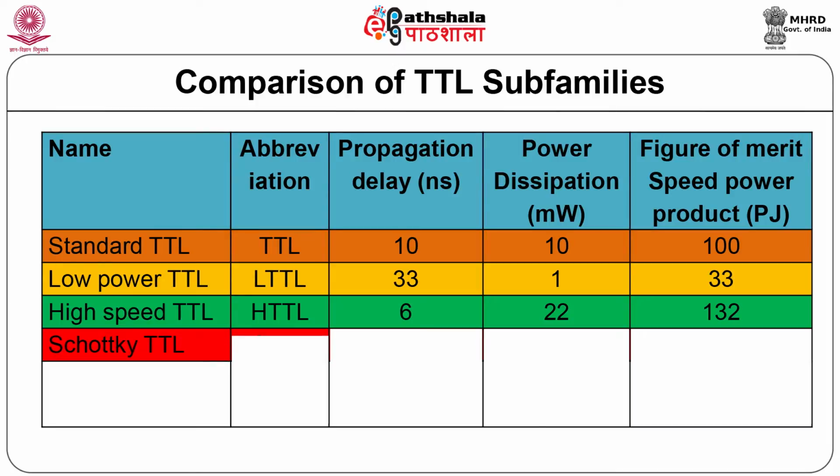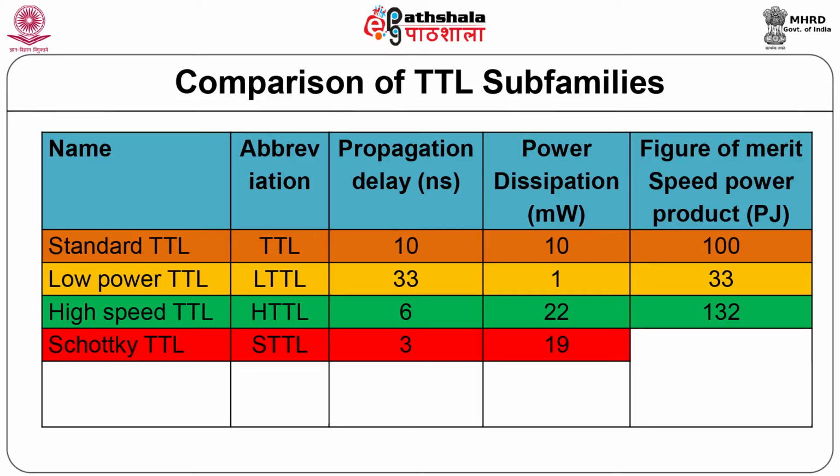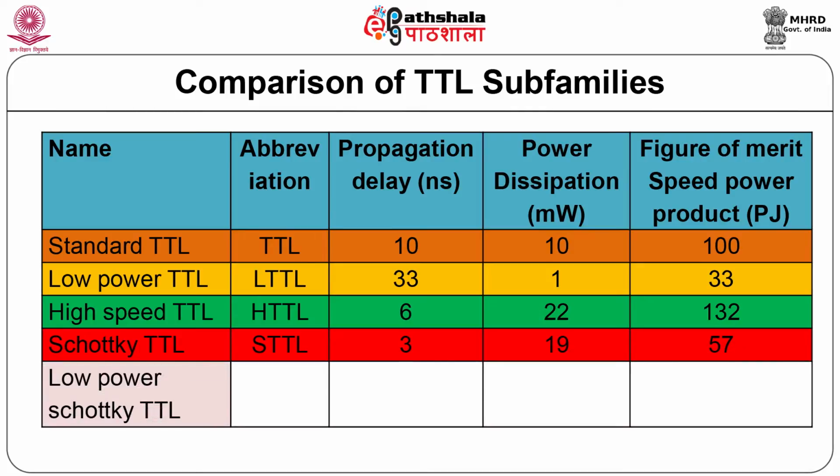Schottky TTL, STTL, propagation delay 3 nanoseconds, power dissipation 19 milliwatt, figure of merit 57. Low power Schottky TTL, abbreviated as LSTTL, propagation delay 9.5 nanoseconds, power dissipation 2 milliwatt, figure of merit 19.